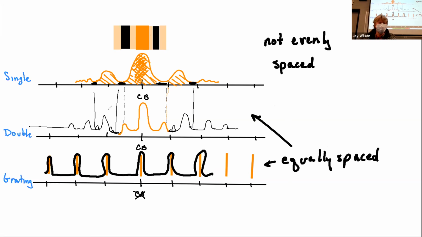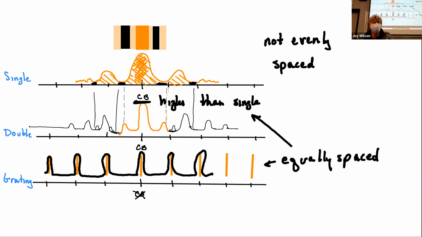This is where you're going to see some fuzz on the doubles, but on the diffraction gratings, you're going to get bright, sharp lines. And it's because there are so many lights. It acts like 100 light sources if there are 100 slits. So now you have a lot more light to interfere, so they don't get as dim. You'll notice what should happen on this is this peak is higher than single.